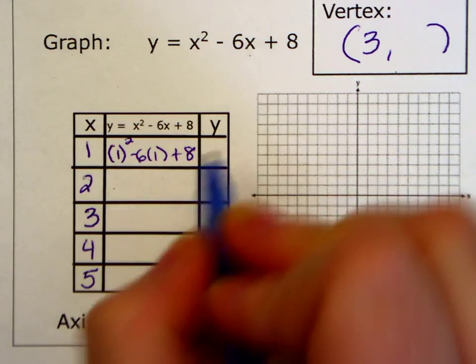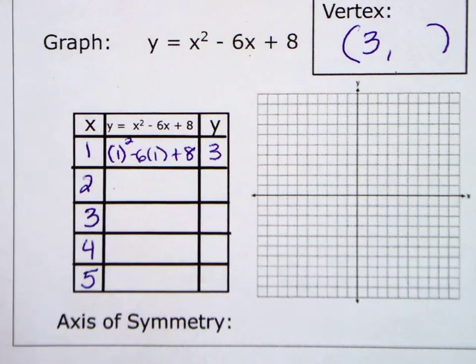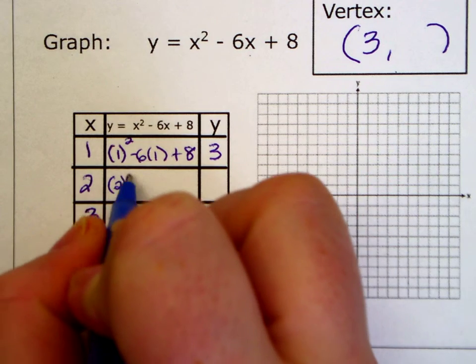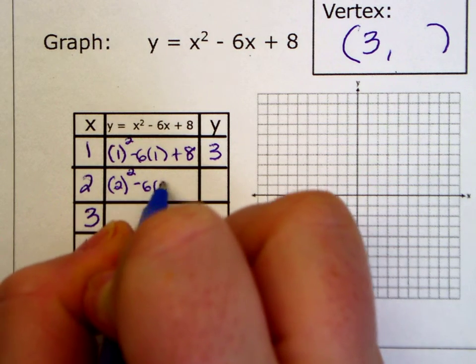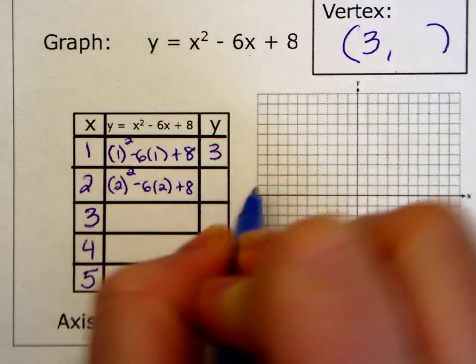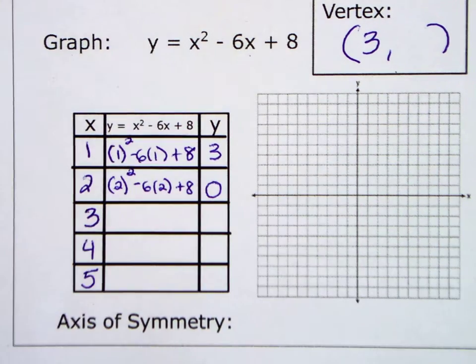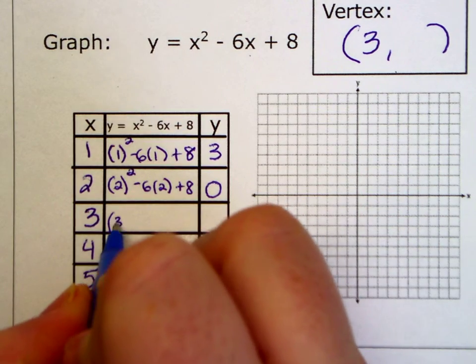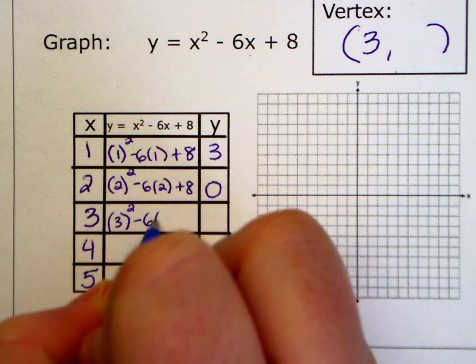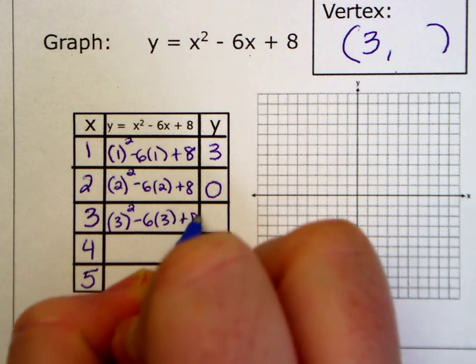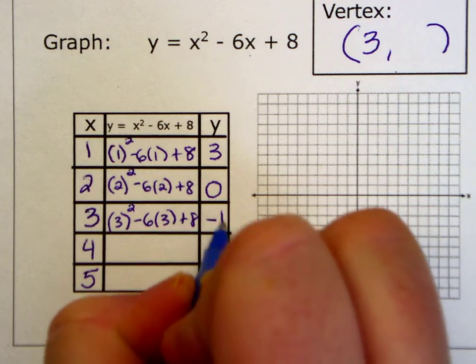That's 3. 2 squared minus 6 times 2 plus 8. That's 0. 3 squared minus 6 times 3 plus 8 is negative 1.